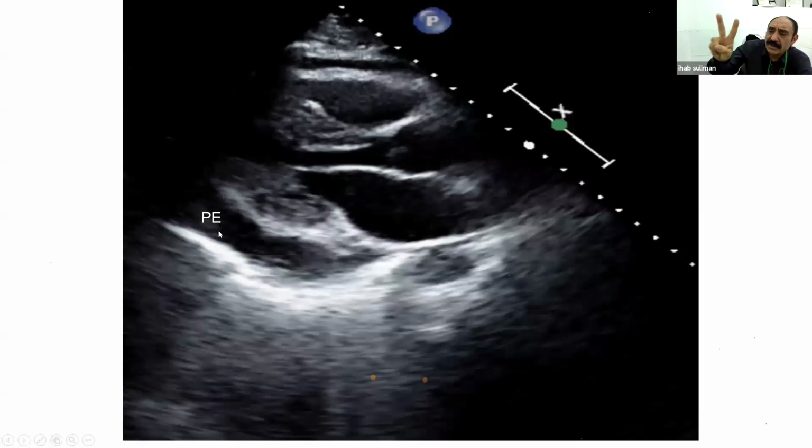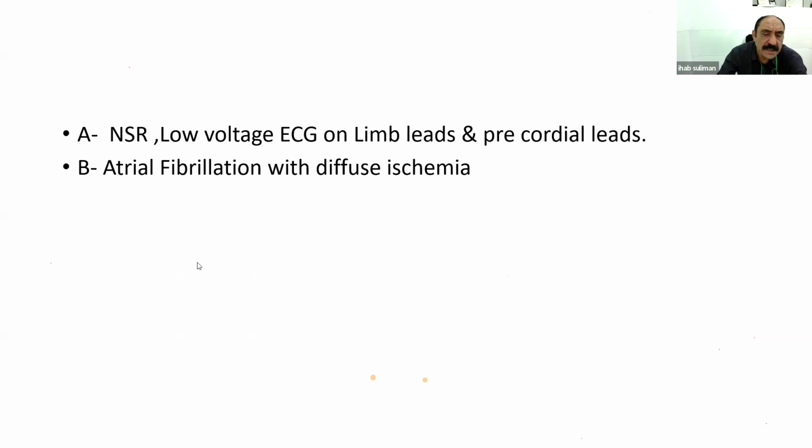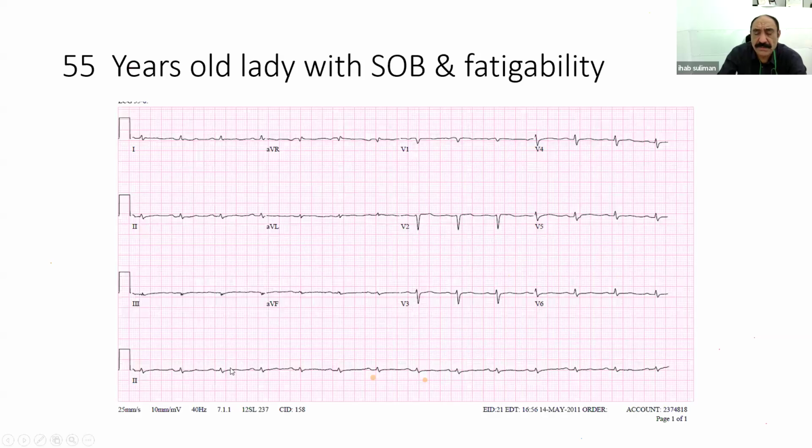So she has 2 causes of her low voltage, being hypothyroid and having pericardial effusion. And if we go back to the ECG, you can appreciate that she is also bradycardic. So bradycardia is also all under the heading of hypothyroidism.